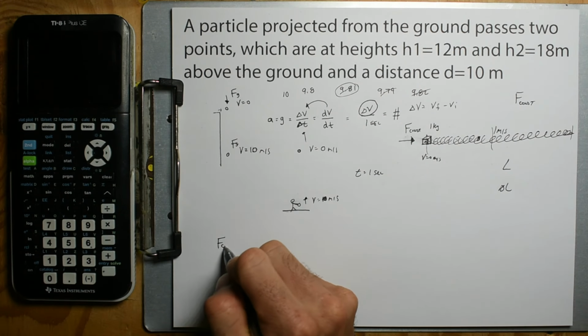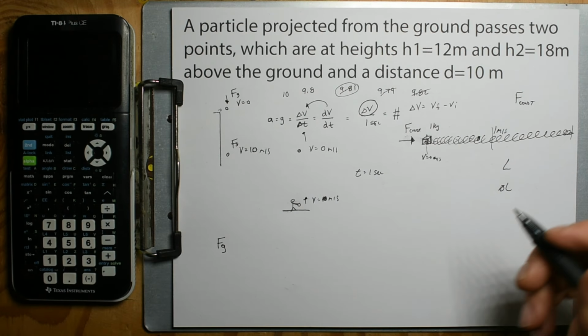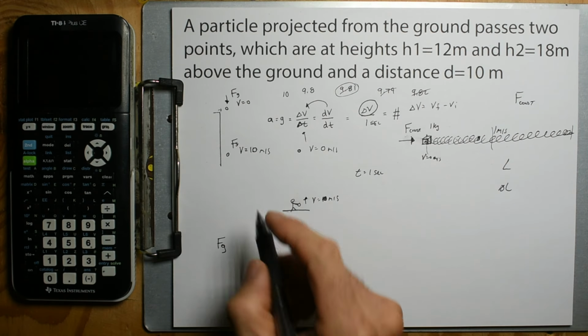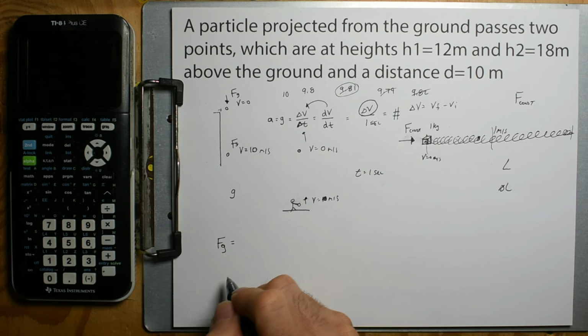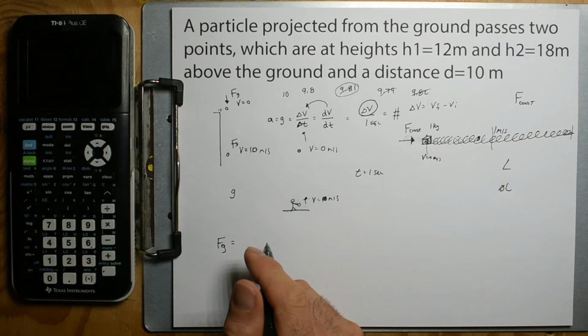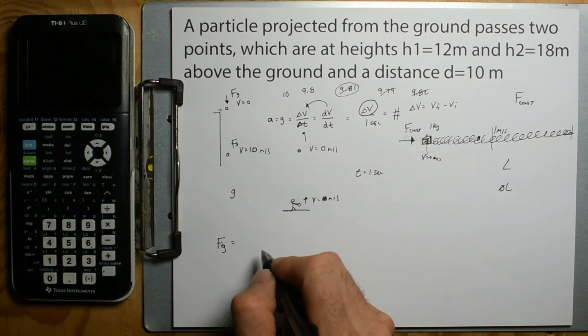And anytime I've mentioned this, anytime that I use g, the gravitational acceleration, I'm always going to write Newton's law of gravitation, or the gravitational force equation, however you say that.